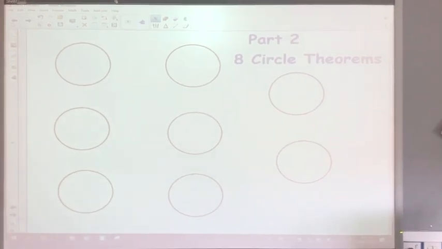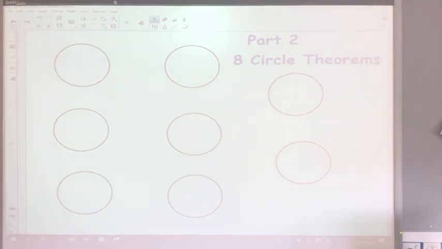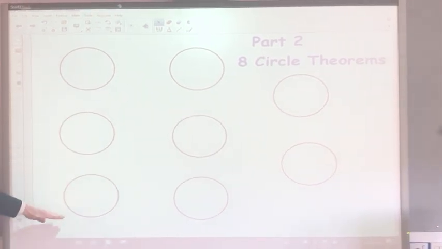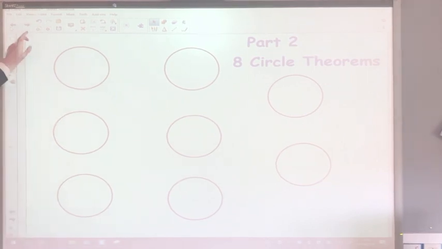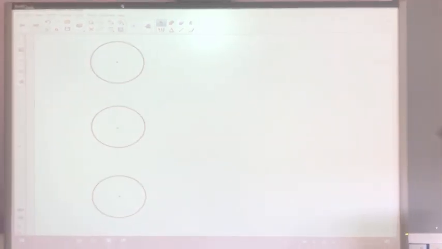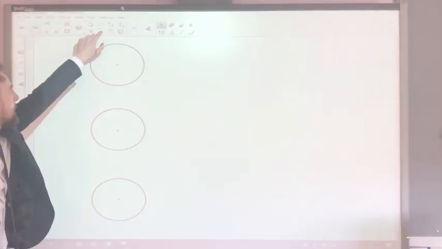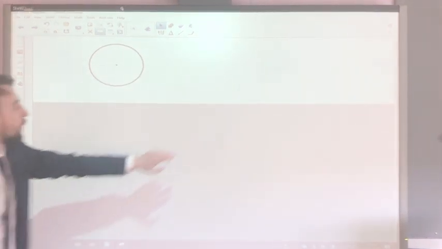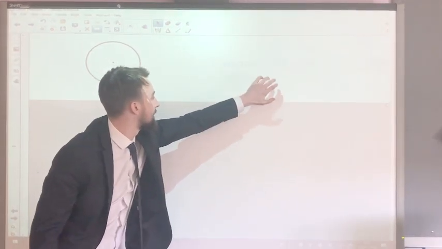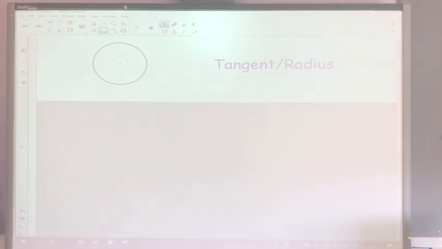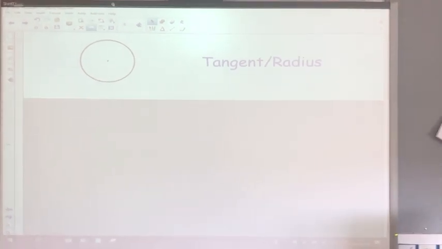Okay, so now we are ready to look at the 8 circle theorems. Remember, today we are just going to look at the first 3 circle theorems. Number 1. I'm going to call this the tangent radius theorem.